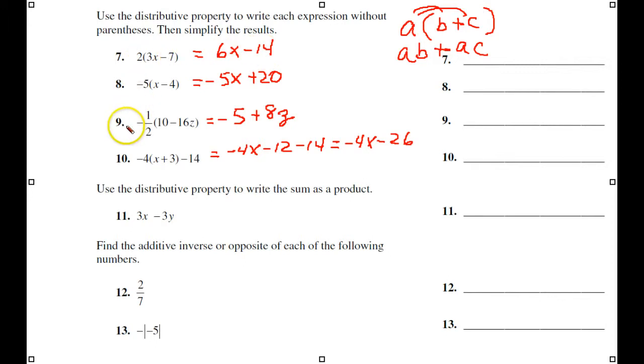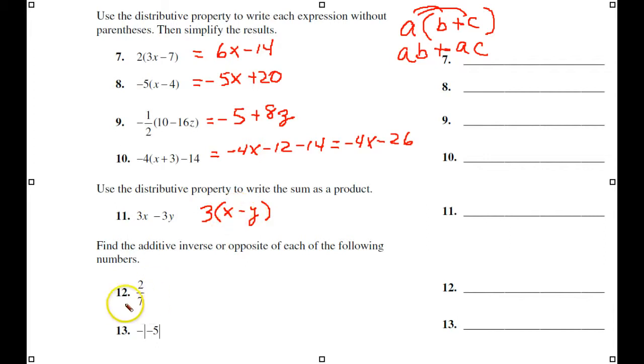So this is what they're doing down here in number 11, that we're going to reverse the distributive property and take a common what out of each of these terms? Yes, a common 3. And then we get x minus y. A little later in the course, we're going to do a lot of that. And the process is called factoring.